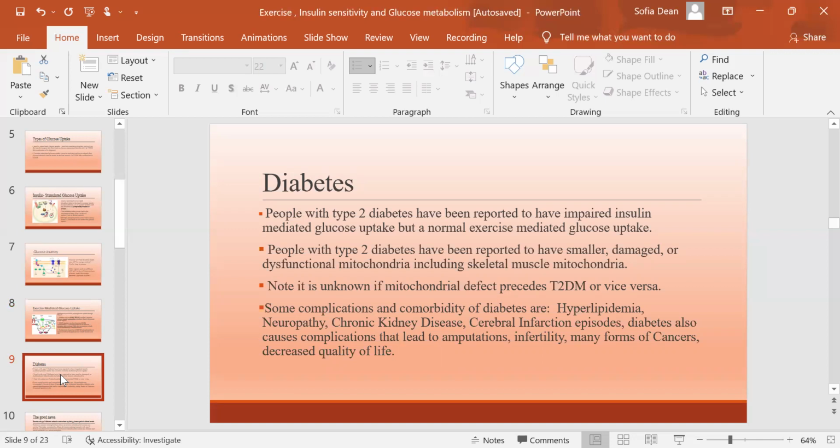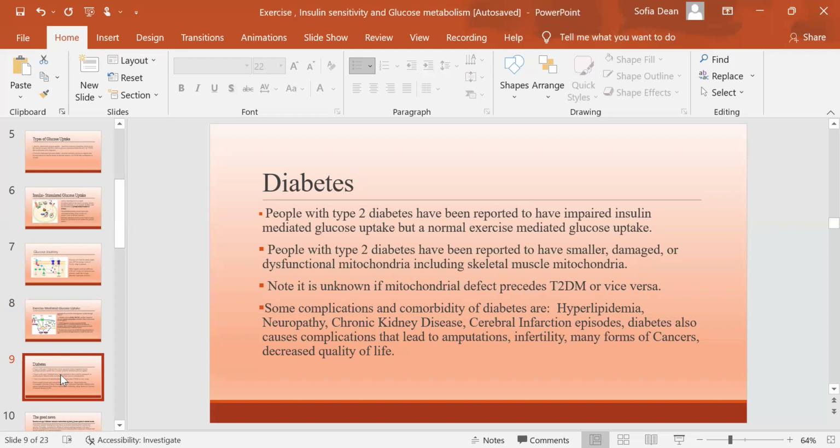or vice versa. Some complications and comorbidities of diabetes are hyperlipidemia, neuropathy, chronic kidney disease, cerebral infarction episodes. Diabetes also causes complications that could lead to amputations, infertility, many forms of cancers, and a decreased quality of life.